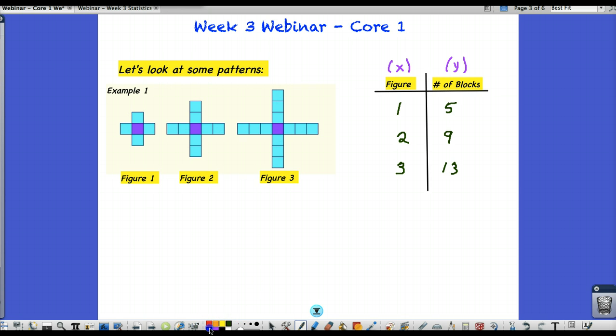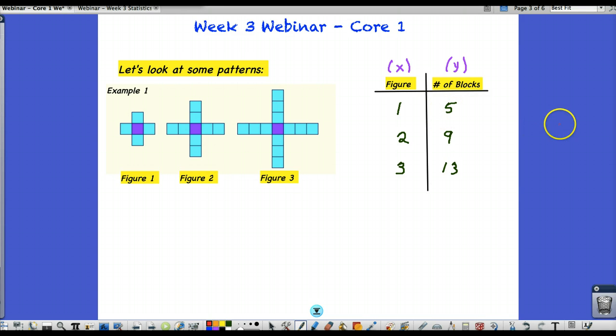Okay, Lita's got an idea. You can see that they add 4 every time. Good, exactly right.